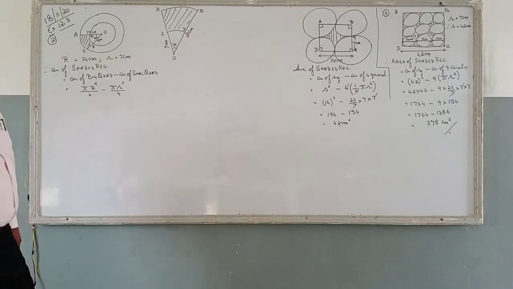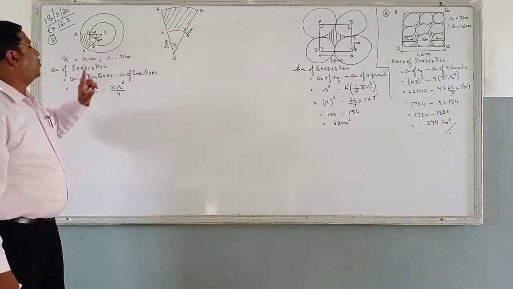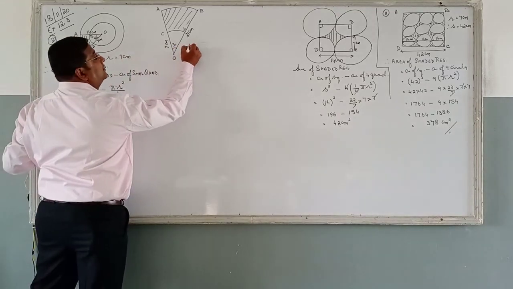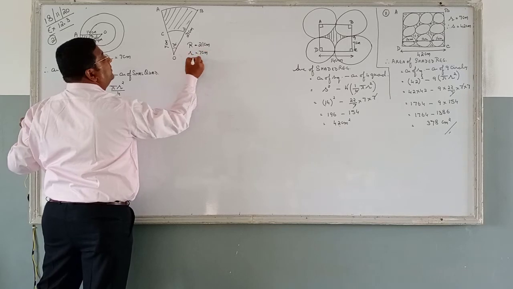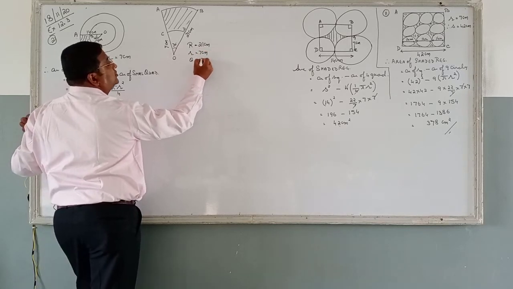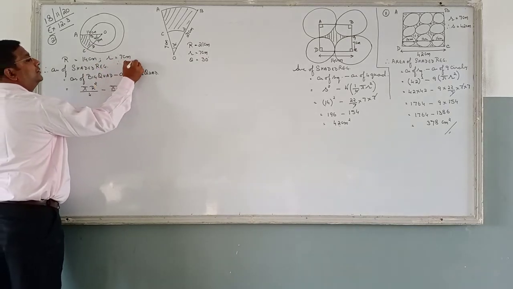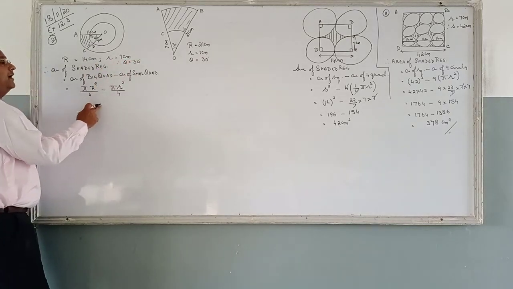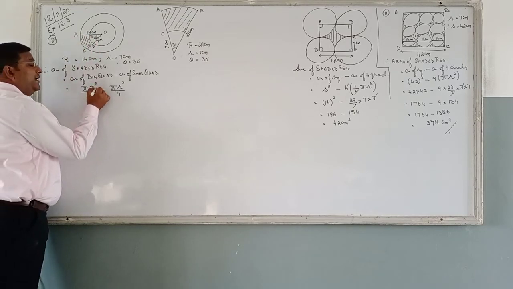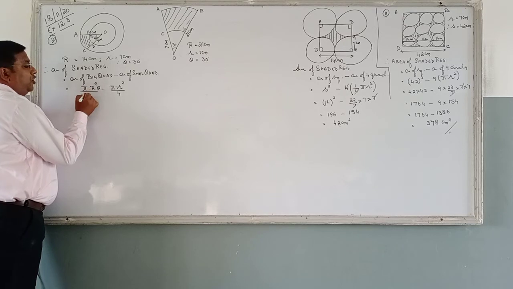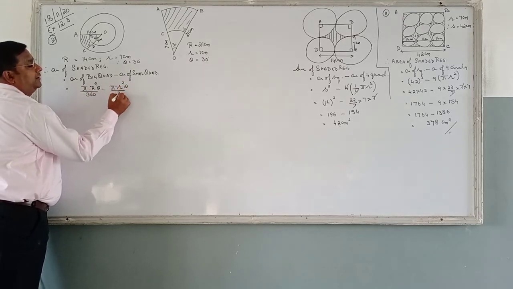Again, can we use the same formula? Capital R is 21 and small r is 7. Only difference is in the radius: capital R is 21 centimeter, small r is 7 centimeter, and theta is how much? 30 degree. Sorry, I wrote the wrong formula. Area of sector, not quadrant: pi R square theta upon 360 minus pi r square theta upon 360.